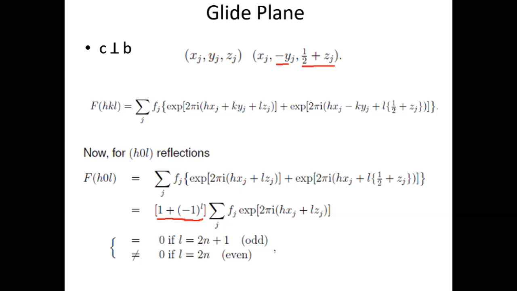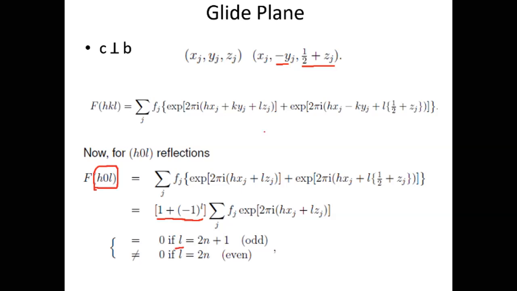So for glide planes, since we translate along one axis and only one other axis becomes negative, for example, for a C glide perpendicular to B, we're looking at the H0L reflection. And the condition on L tells us which one we translated along.